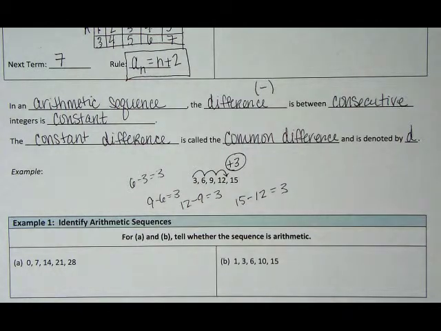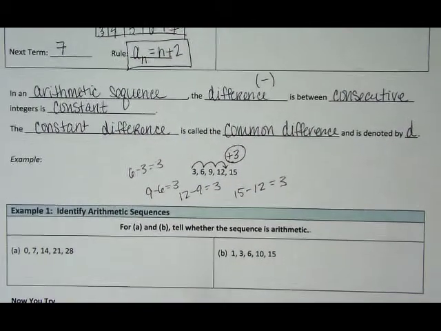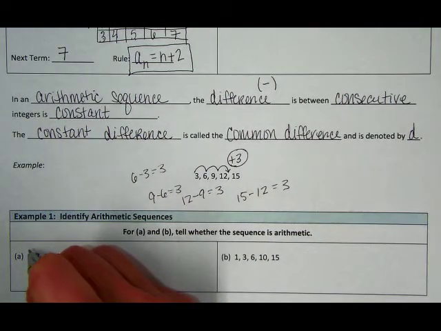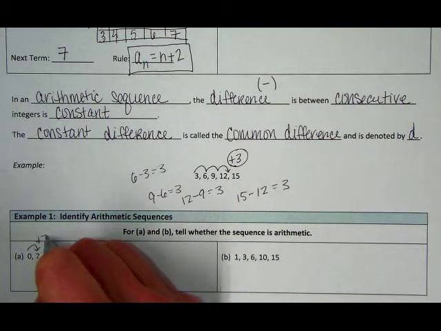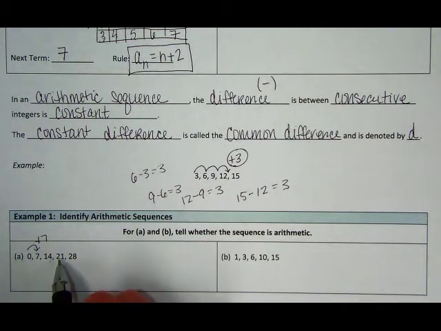So let's look at example 1. All example 1 is having us do, for letters A and B, is say yes or no whether or not this is an arithmetic sequence. So in letter A, we go from 0 to 7, so we're adding 7, adding 7, adding 7, adding 7.